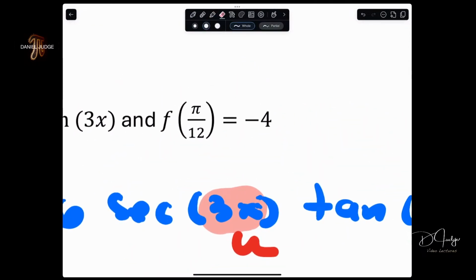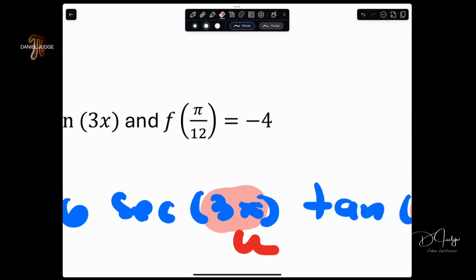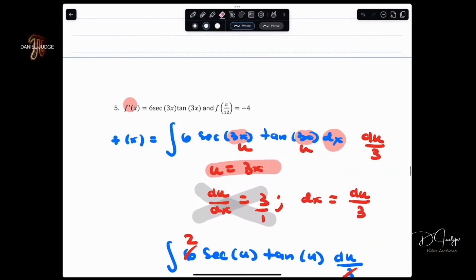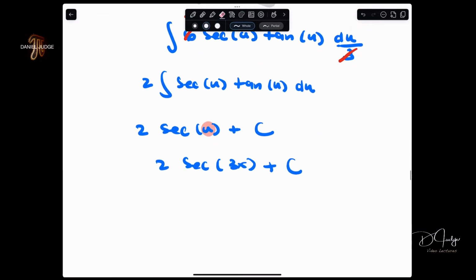Now, the condition here is f of pi over 12 is negative 4. So I'm going to plug in for my x, pi over 12, because this is what this function is equal to, and the x value, same x, pi over 12. But this answer is negative 4 when x is pi over 12.